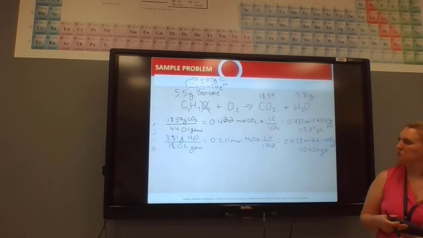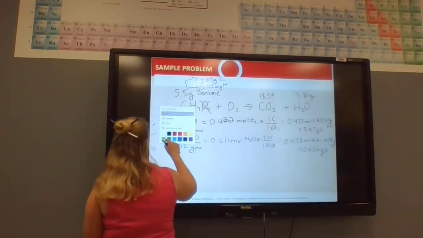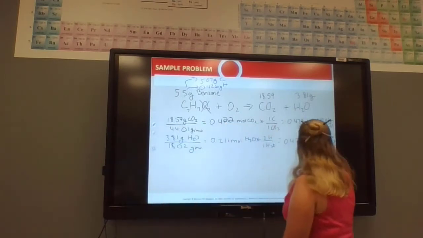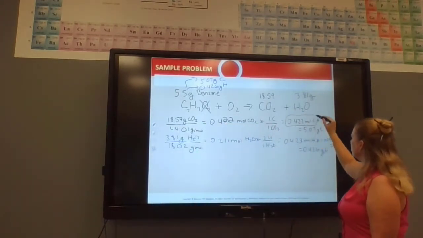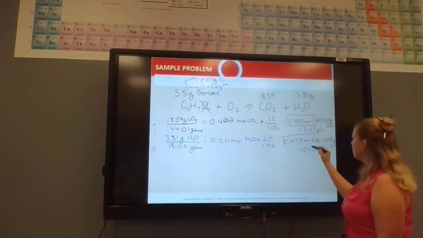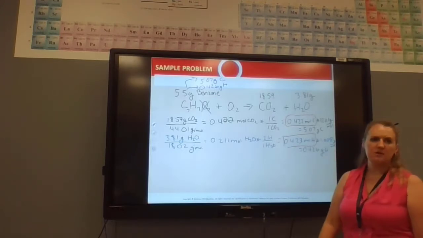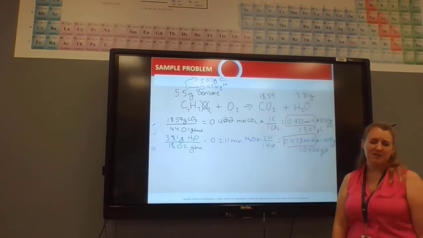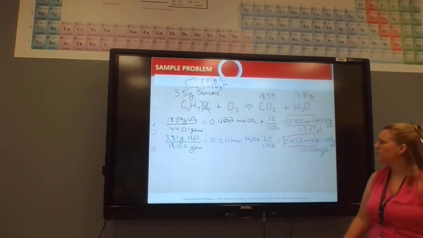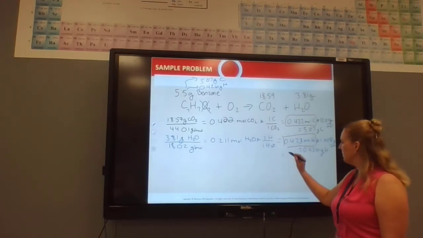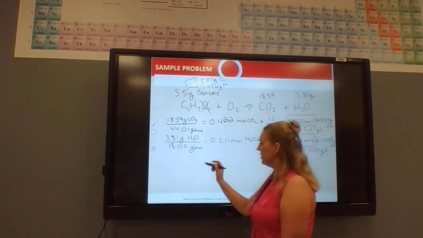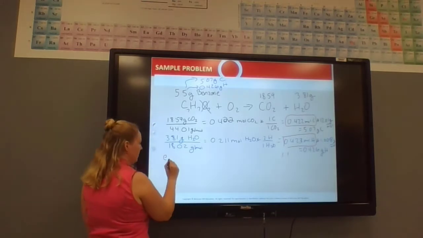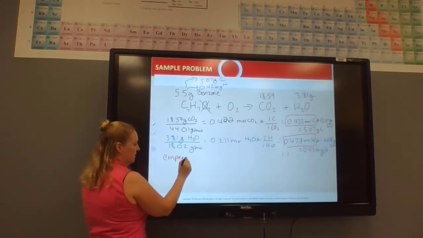I have 0.422 moles of carbon and 0.423 moles of hydrogen. So looking at that, do we even have to divide by the smallest to figure out the ratio? It's pretty close to 1 to 1. That's a 1 to 1 ratio, which means the empirical formula is just CH.